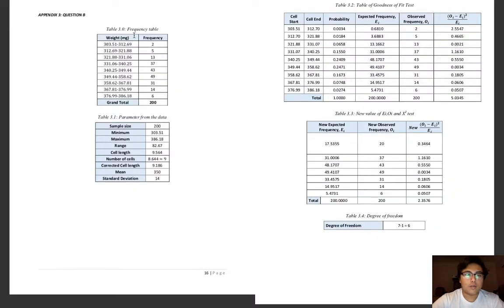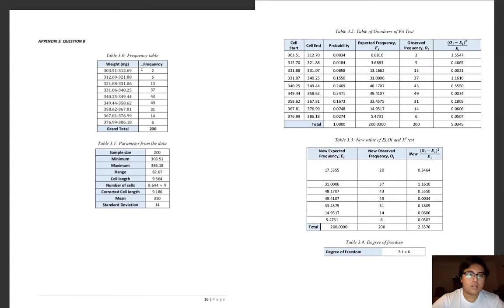Before that, we refer to table 3.0, the frequency table. We can see that the expected frequency for the first and second range does not meet the requirement of being greater than 5.